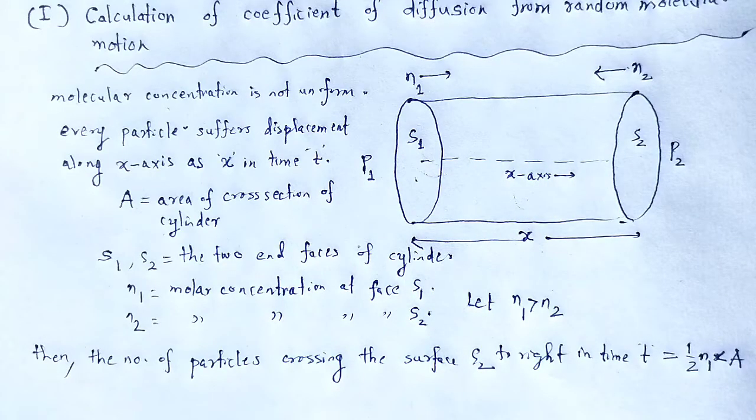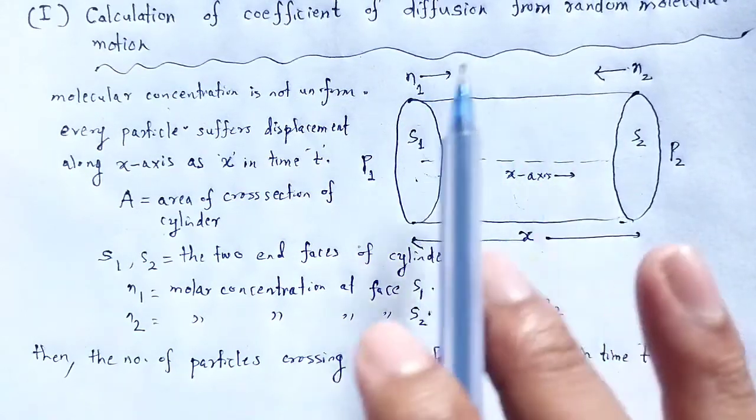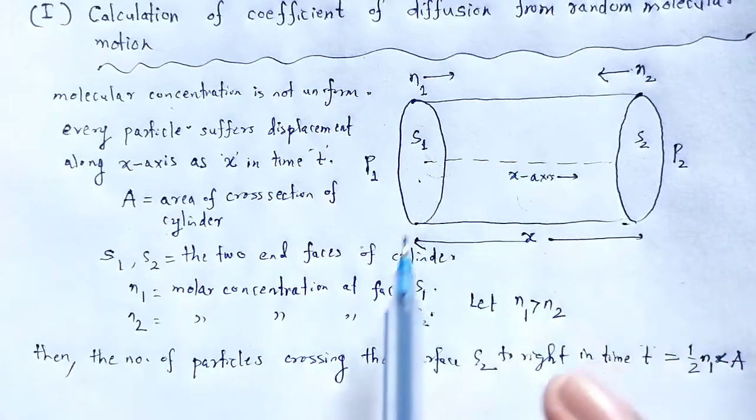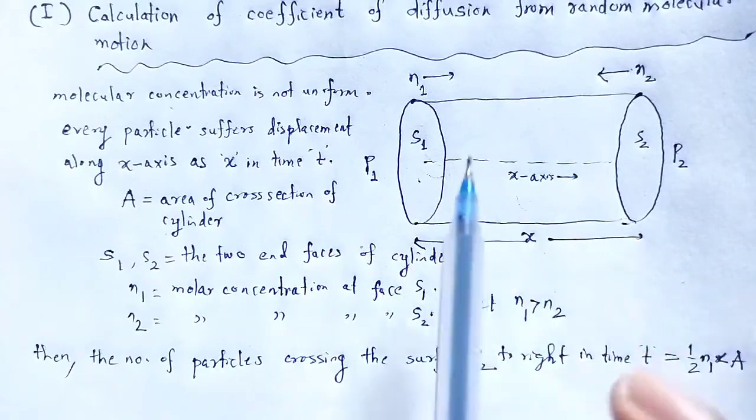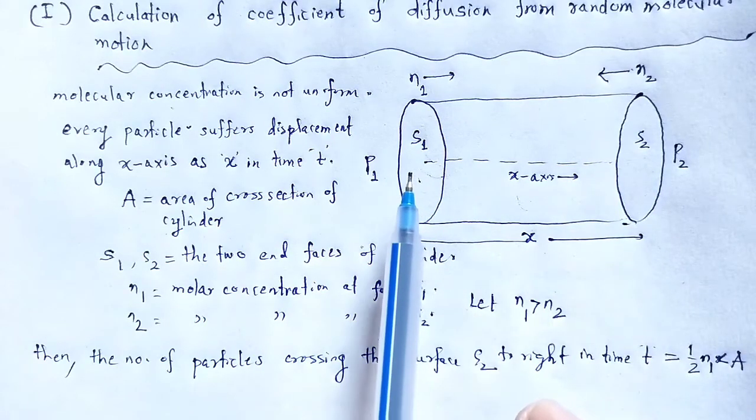Again, how many particles pass through surface S1 to the left? We take the total number of particles as n.